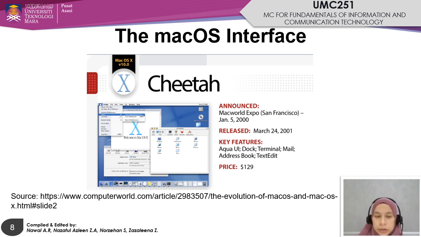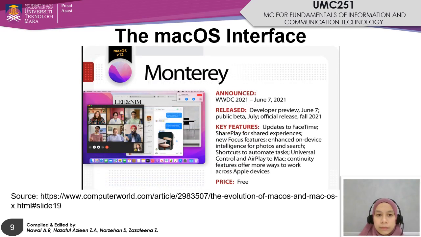This is the first version, named Cheetah, and these are only the key features at that time, released in 2001, right? And this is the current one, named Monterey, version 12, which will be released this year, right? And these are the key features that improved from the previous version, Big Sur.